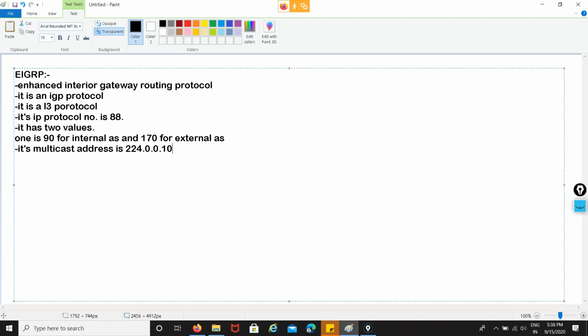It has two AD values. I already told you that AS simply means a logical area. Here is a logical area, and in between this logical area I put some routers and connected them.